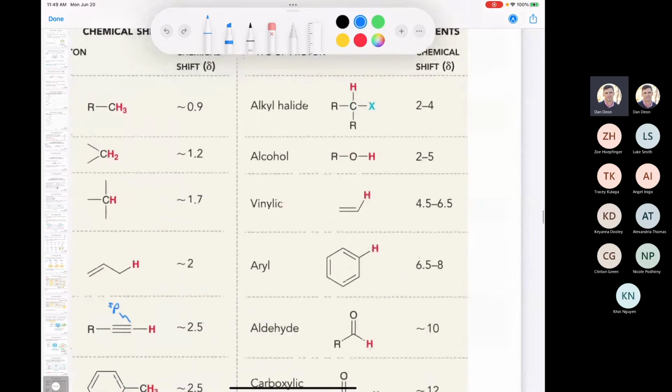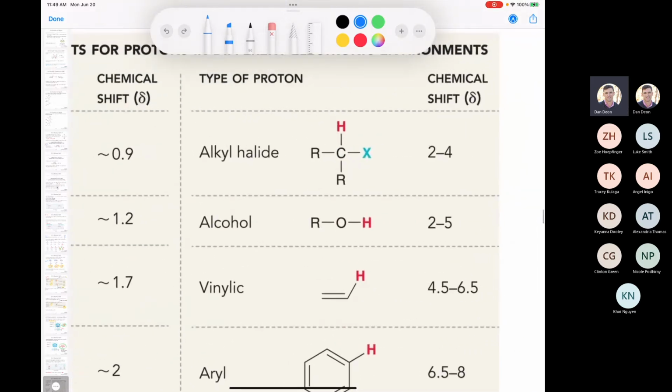Next, we come over to the alkyl halide. We saw that today, whether you had an iodine, a bromine, a chlorine, or a fluorine, it was roughly in the region of 2 to 4 parts per million. Alcohols are kind of interesting. I'll talk about those in detail and why they have such a wide range of chemical shift values, which are very difficult to predict sometimes.